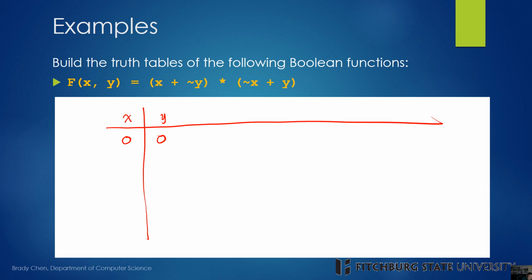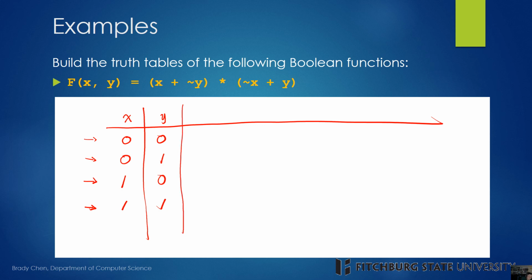The second one is x 0, y 1. And x is 1, y is 0. And both x and y are 1. This corresponds to 0, this to 1, this to 2 in decimal, and this to 3. So for two variables, x and y, there are 4 different combinations.